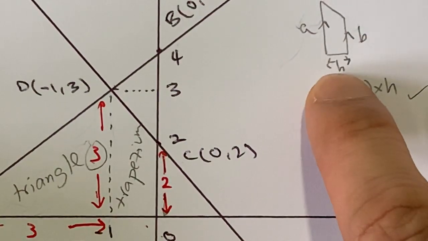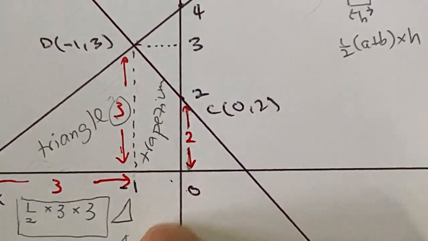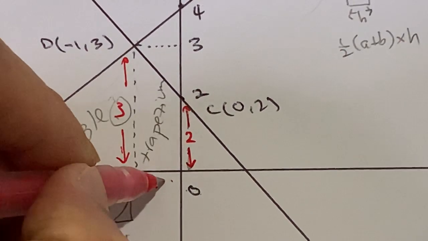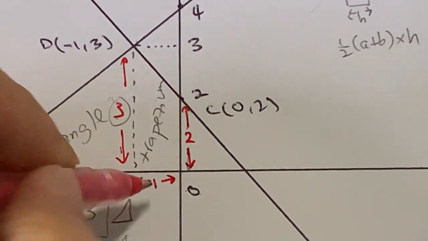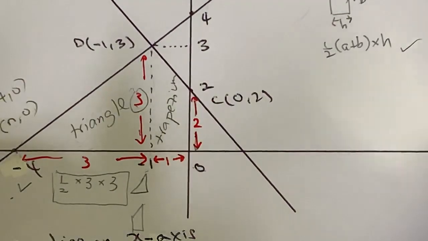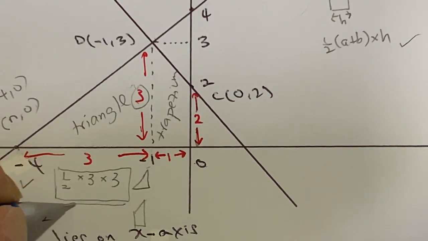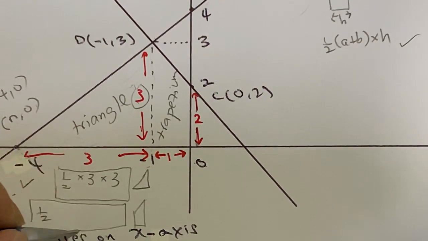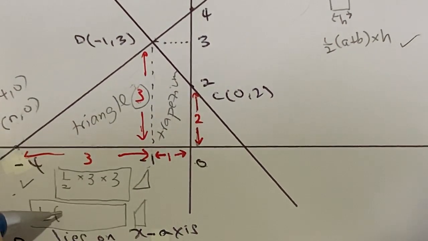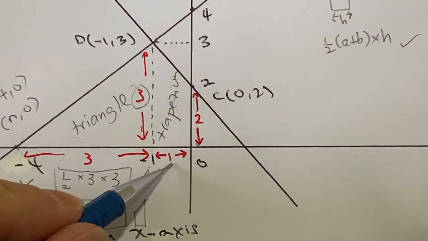The height h in the middle here, from 0 to -1, is definitely going to be 1. By looking at the formula, half A plus B times height, I will have half times 3 plus 2 times the height is 1.